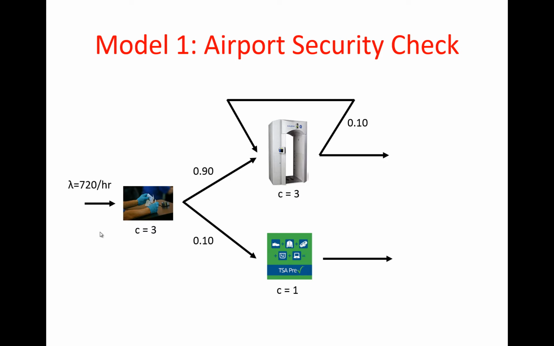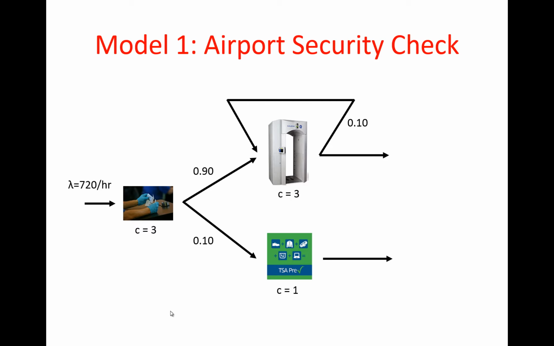And also note that we have this possibility of 10% of failing the screening process, which most of the times happens because people forget to take everything out of their pockets, or they just don't stand the right way when the machine is scanning. So they have to repeat the process and go through the machine again. And finally, we have 10% of the passengers that are eligible for pre-check.